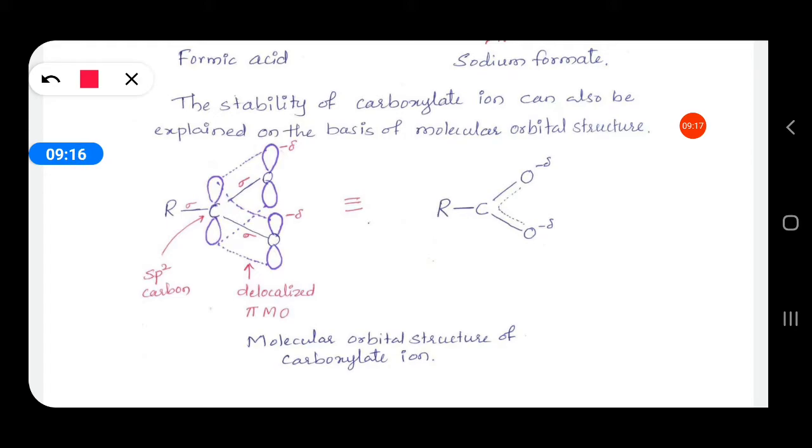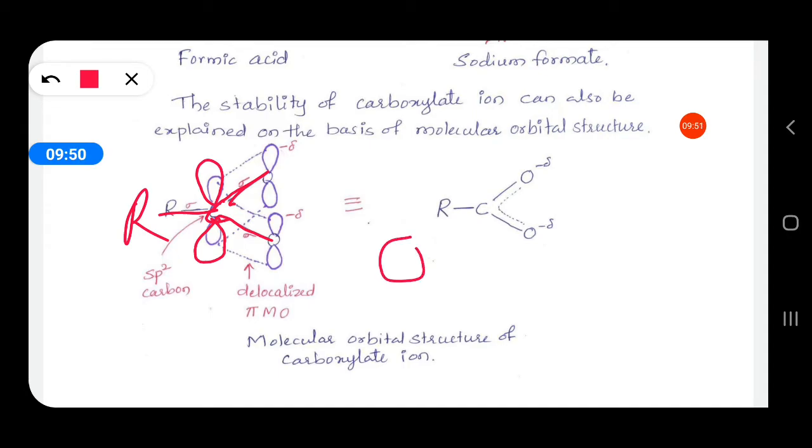Among that, the carbon forms one sigma bond with an adjacent oxygen, another sigma bond with the other adjacent oxygen, and one sigma bond with the R group, that is carbon or hydrogen or any other group. So here 3 sigma bonds are formed, and this sp2 carbon has one unpaired pz orbital which is perpendicular to the plane. Like that, oxygen also.